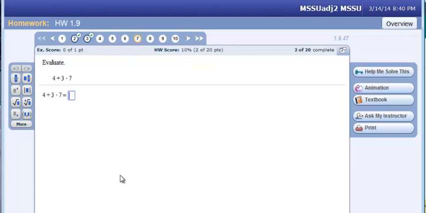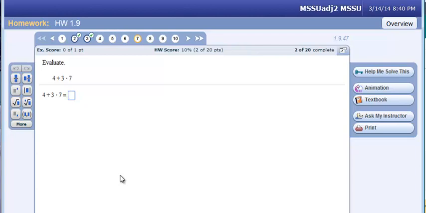So we have that. Let's skip ahead and let's see what number 7 is. Okay, number 7 is going to be an order of operations problem. Remember your Please Excuse My Dear Aunt Sally. So if we're looking at P, that is parentheses. We don't have any in this case, so we're going to go on to E. E is for exponents. Do we have any exponents in this problem? No, we don't.